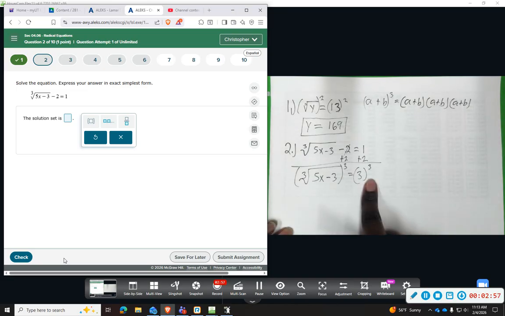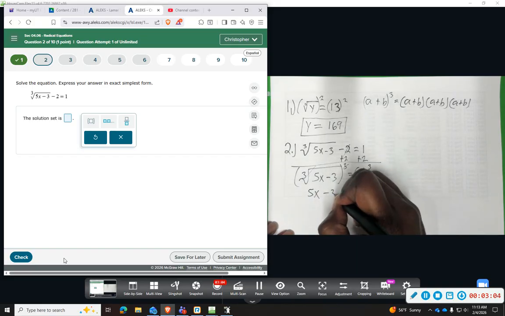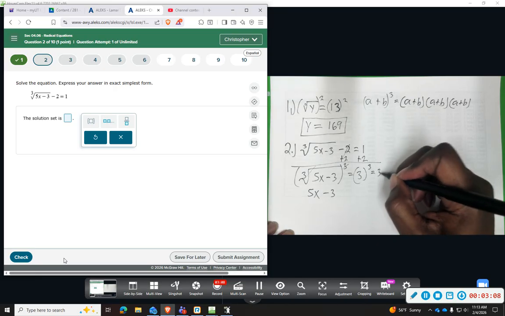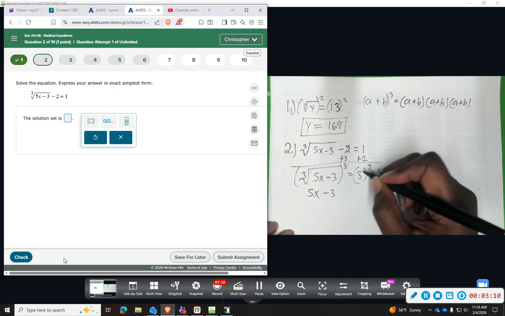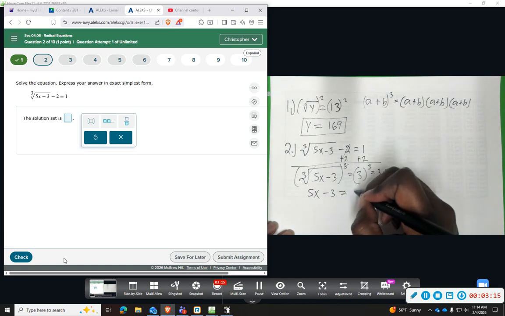We're going to do that to both sides. The third power cancels out the third root, leaving us with 5x minus 3. And 3 to the third, again, that is 3 times 3 times 3, not just 3 times 3, but 3 times itself 3 times. That's going to give us 27.